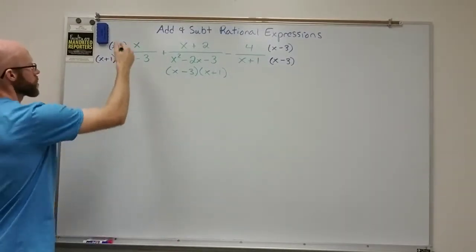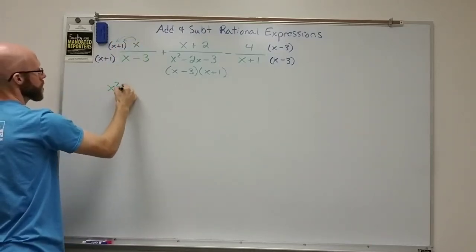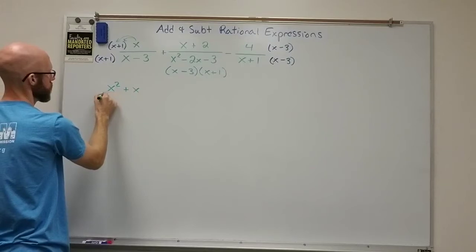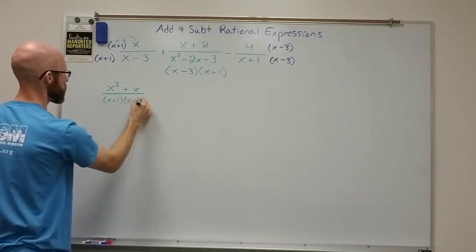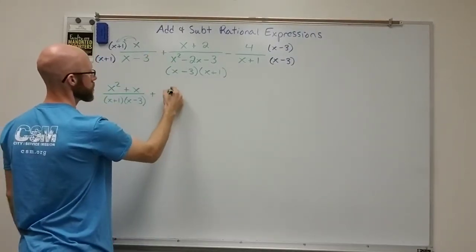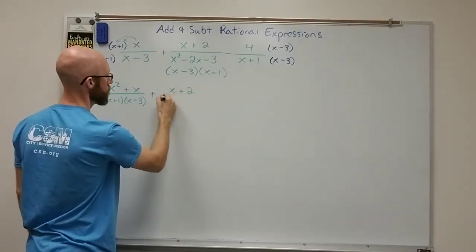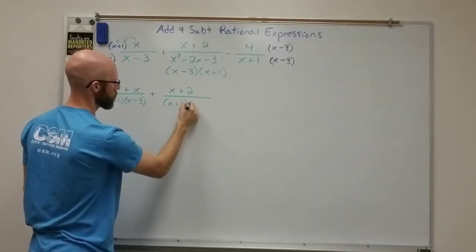So the first fraction, I distribute the x in. I'm going to get x squared plus x over x plus 1, x minus 3. Second one I don't have to do anything with, so we'll leave it as x plus 2 over x plus 1 and x minus 3.